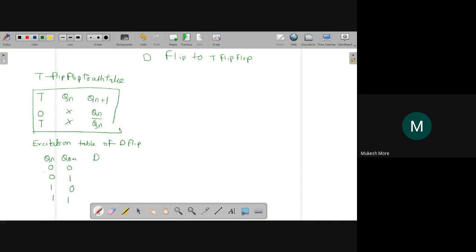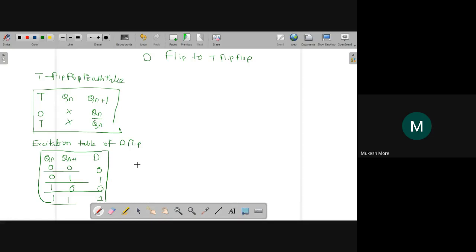So for this 0 0, D value is 0. For this 0 1, D value is 1. 1 0, D value is 0, and 1 1, D value is 1. So this is the excitation table of D flip-flop.